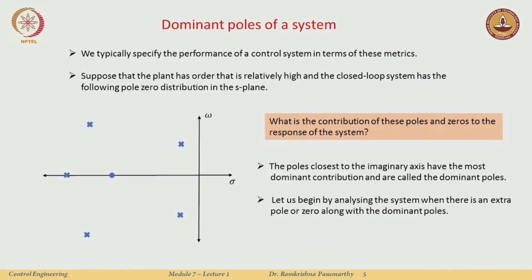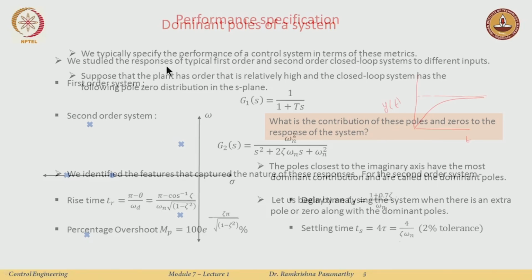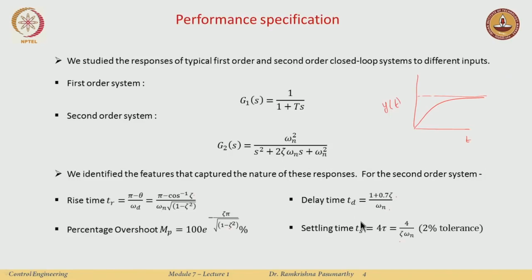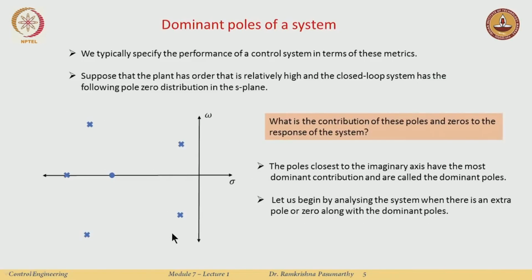Typically any performance metrics are defined in terms of these 4 or 5 things: rise time, delay time, settling time, overshoot, and sometimes also the steady state error.